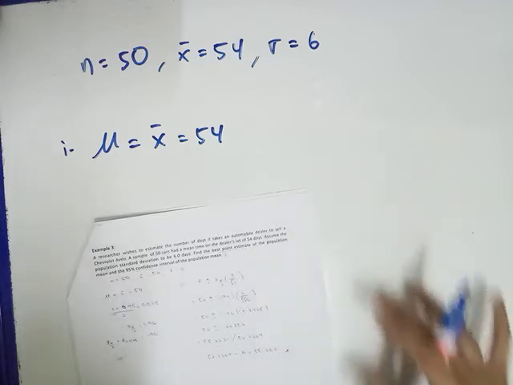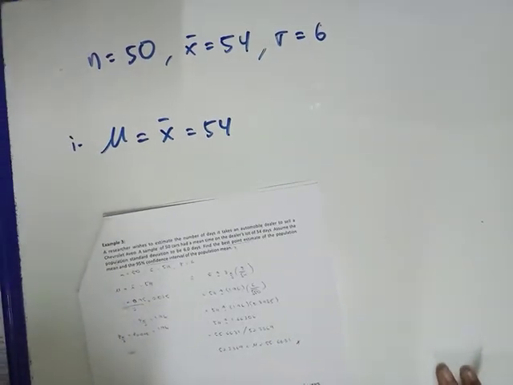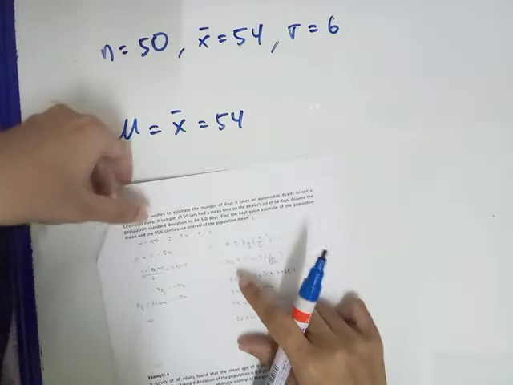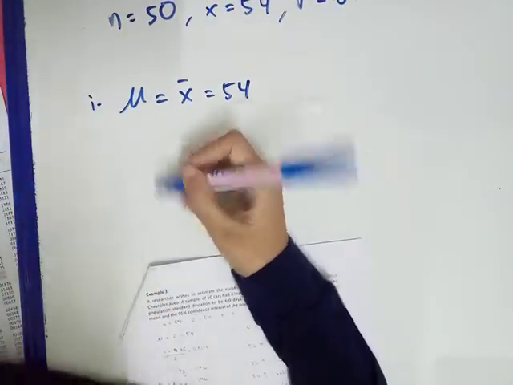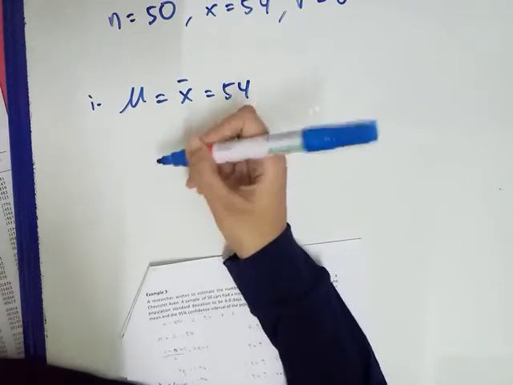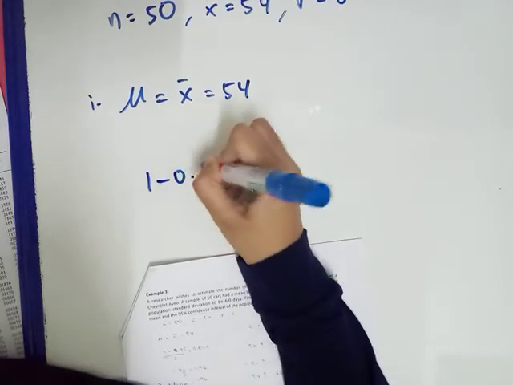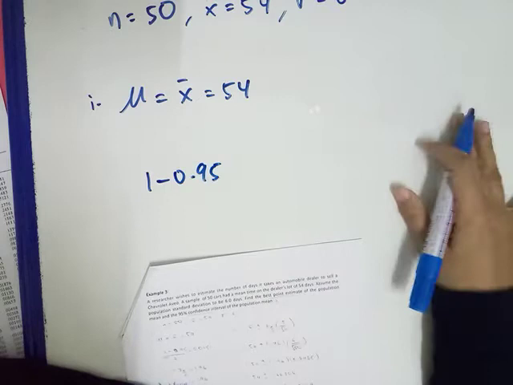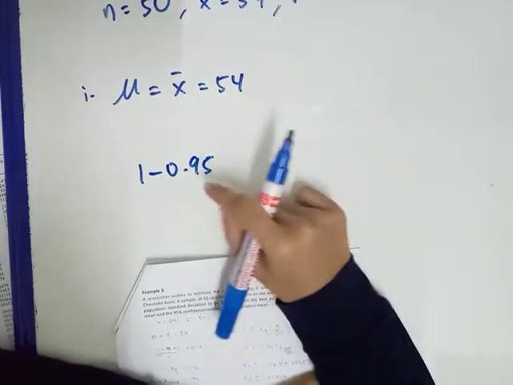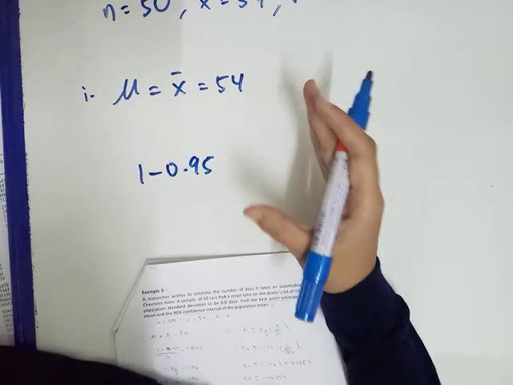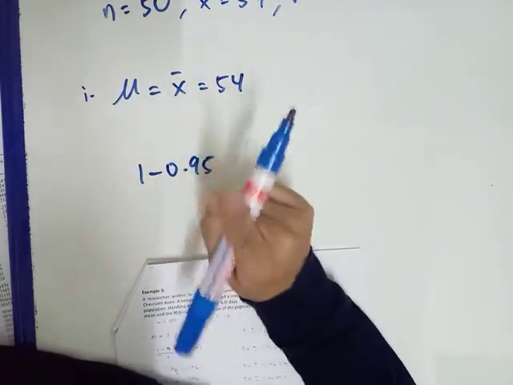And then we need to find the 95% confidence interval of the population mean. Okay, so dia bagi 95%, we need to find the z value first. The formula is 1 minus 0.95. Terus je buat macam ni, tak apa. Tak perlu lukis graph. No need to draw the graph. We know that 95% is 0.95, so the total area equals 1.